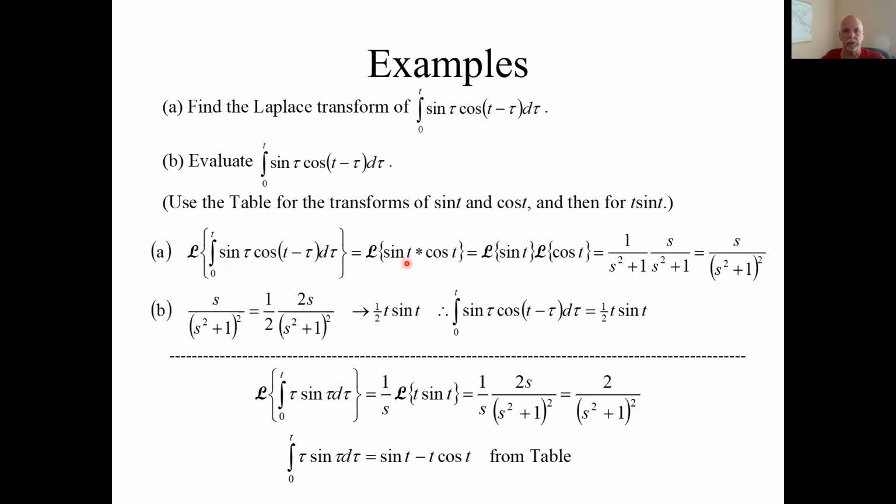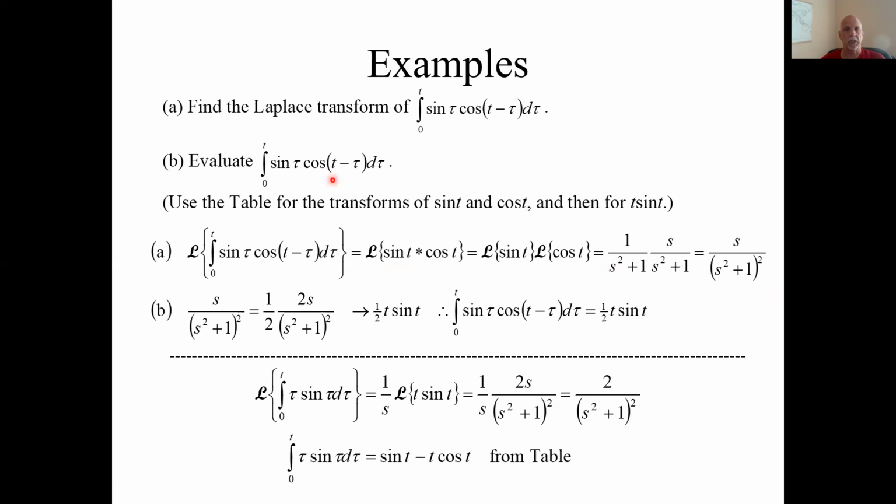It's just a good old convolution of sine t, cosine t. I'm integrating the tau out of it when I do the convolution. And that convolution is just multiplying the Laplace transforms. And I could look these guys up on the table, multiply them together, there's what I get. So this is the Laplace transform of this.